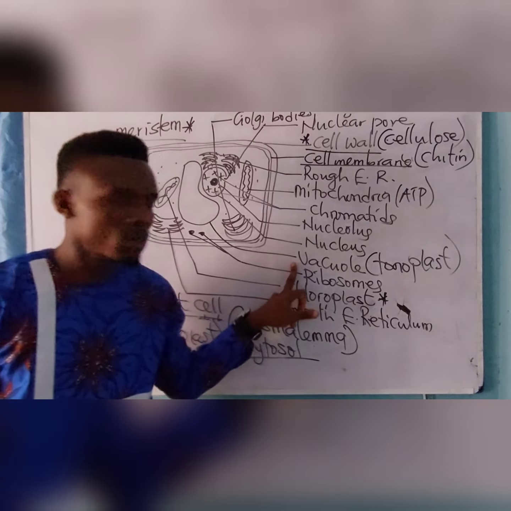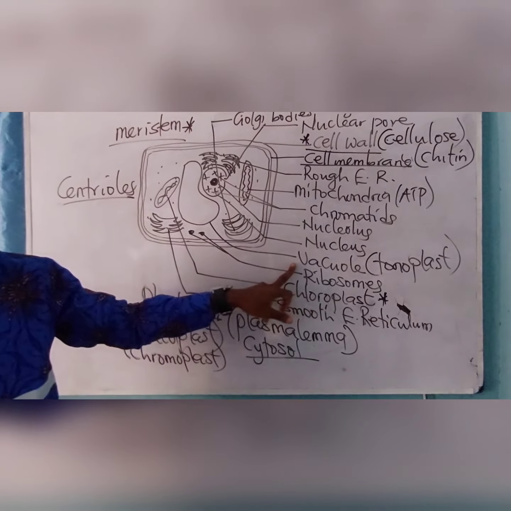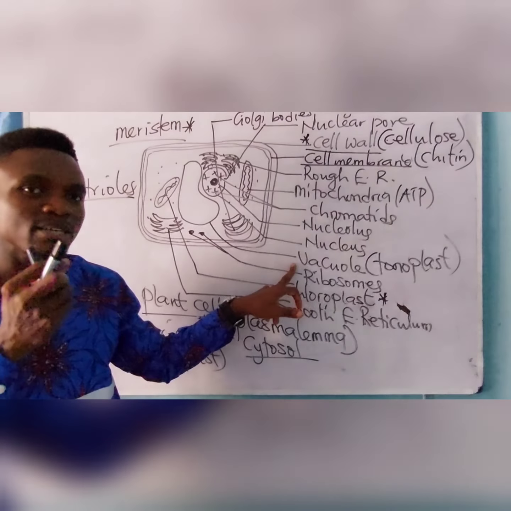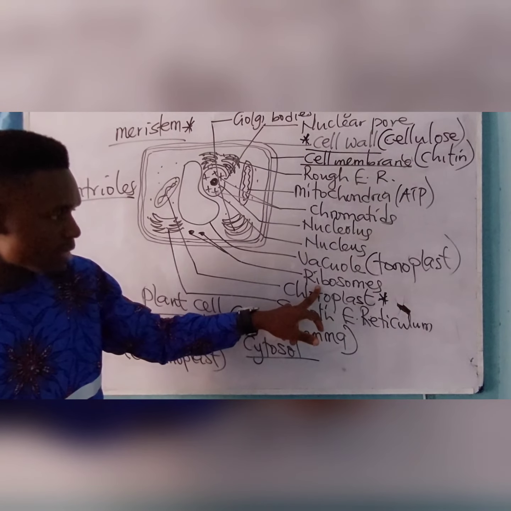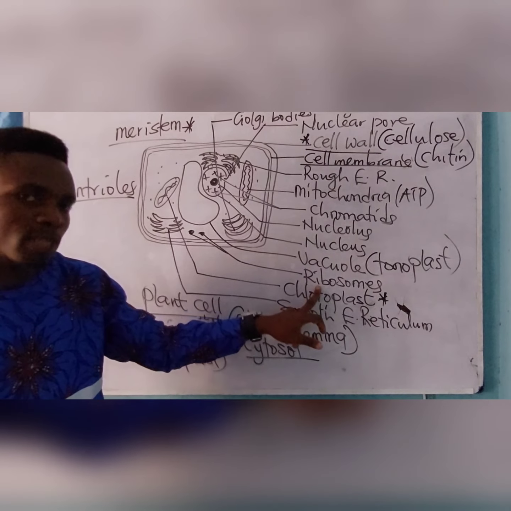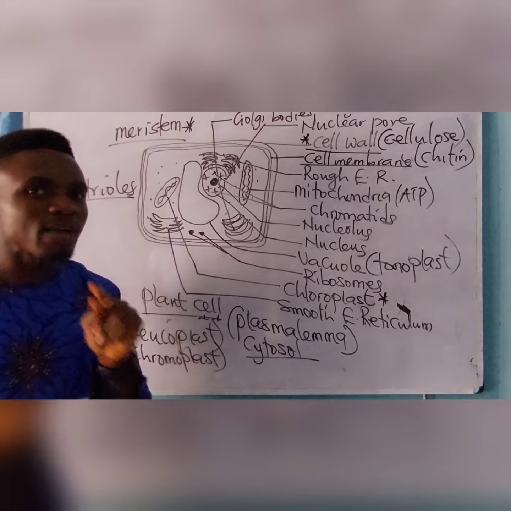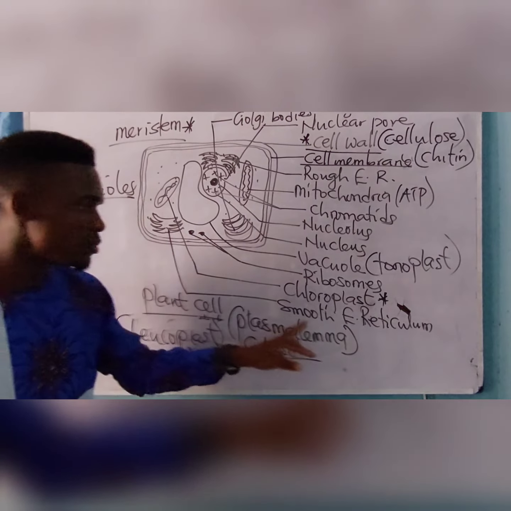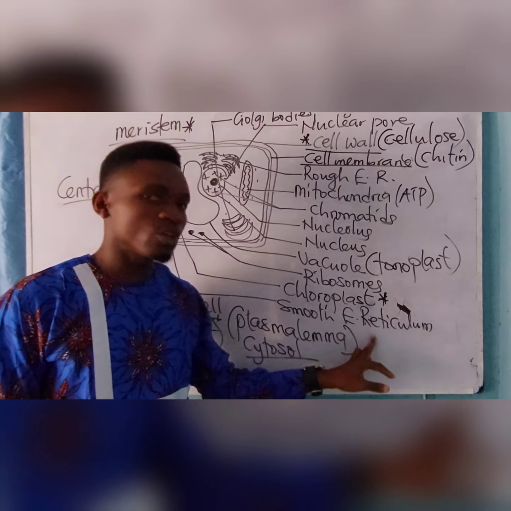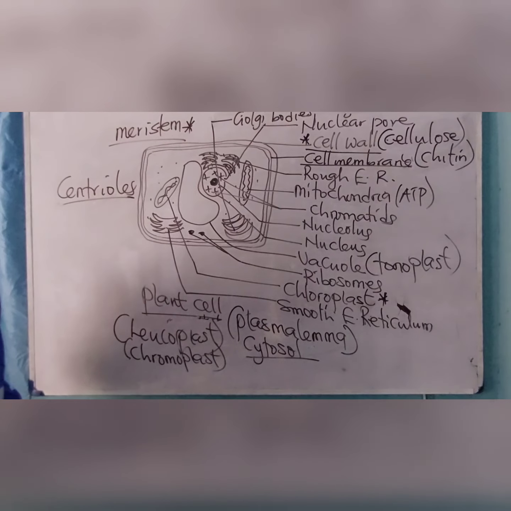Large vacuole. Plant cell has large vacuole, but animal cell has small vacuole. Ribosomes are present in both plant and animal cells. Lysosomes are present in animal cell, but they're absent in plant cell. Smooth endoplasmic reticulum is also present in both plant and animal.